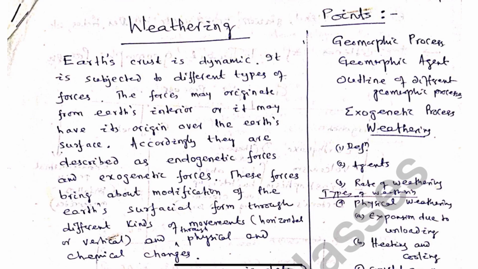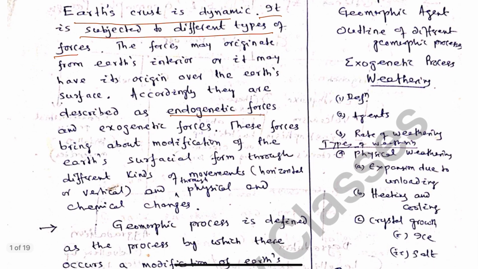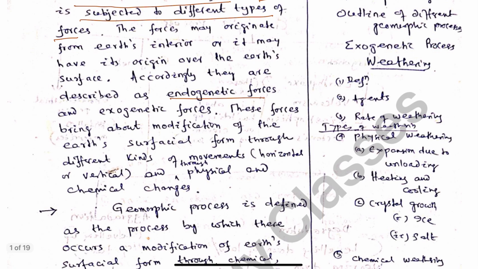We know Earth's crust is very dynamic. It is subject to different types of forces. The forces may originate from within the Earth's interior, which are the endogenic forces, or over the Earth's surface, which are exogenetic forces.